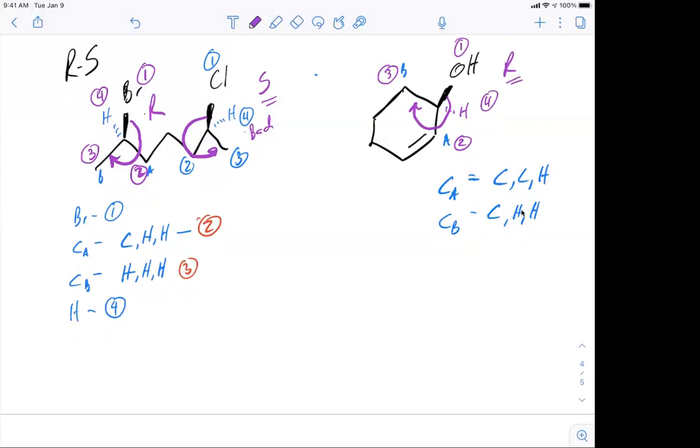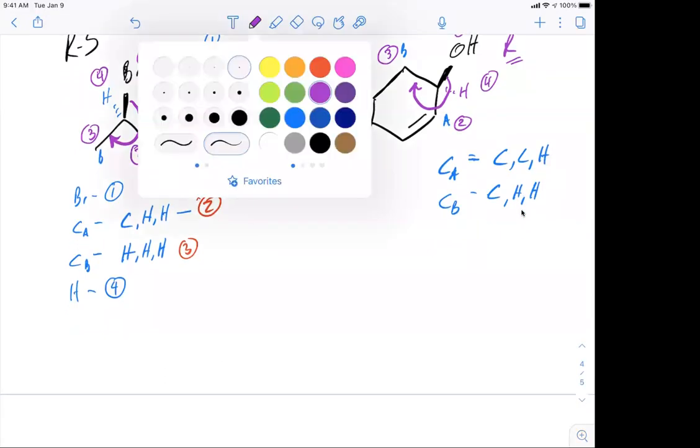Questions about R and S nomenclature? Okay, let's look at 2 more.